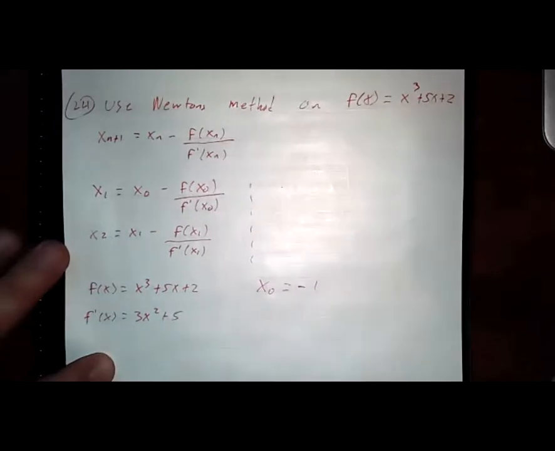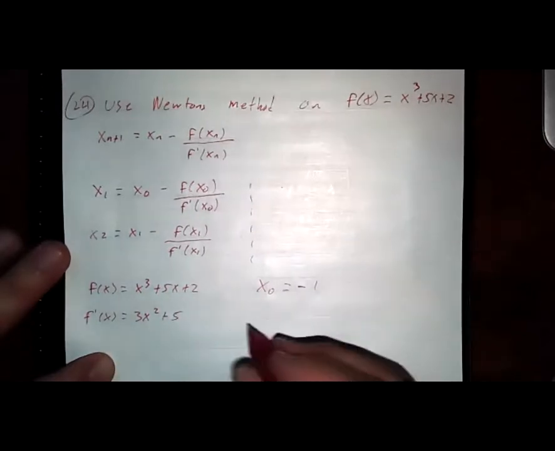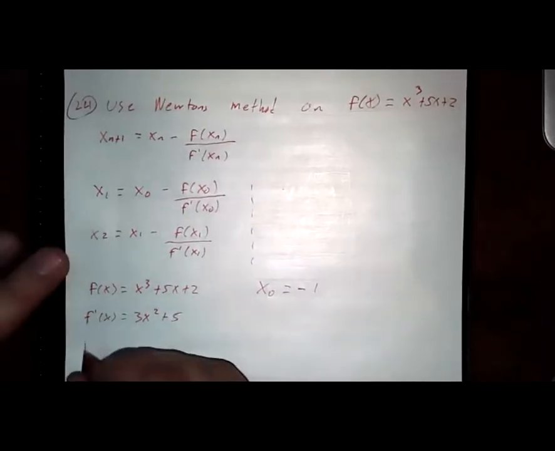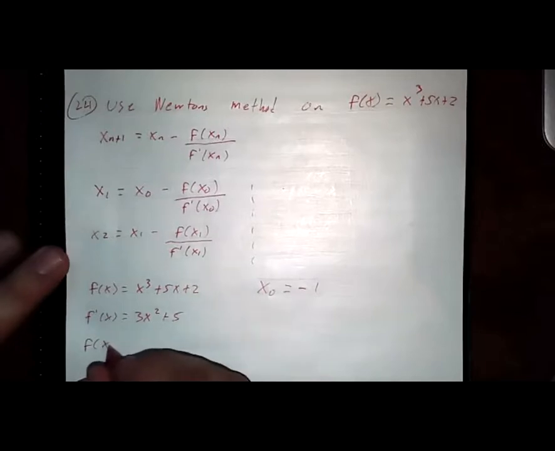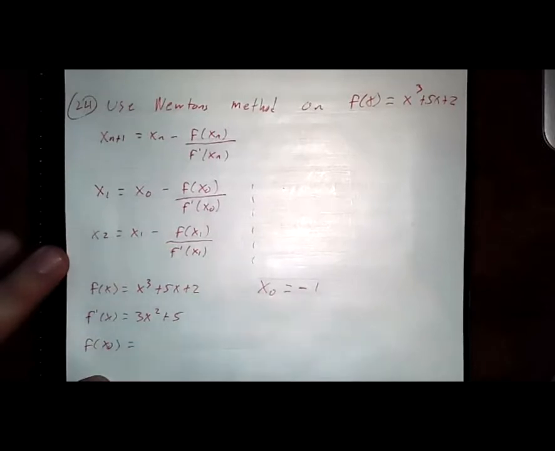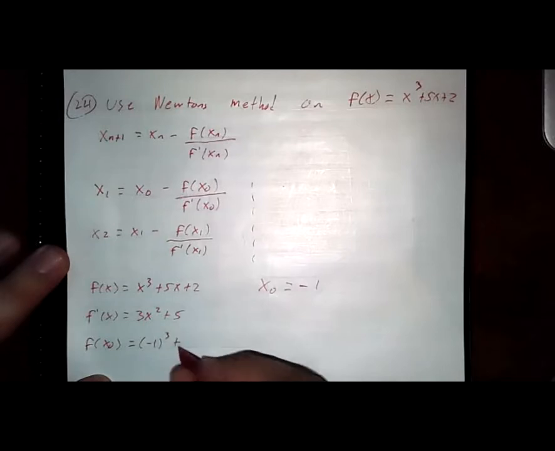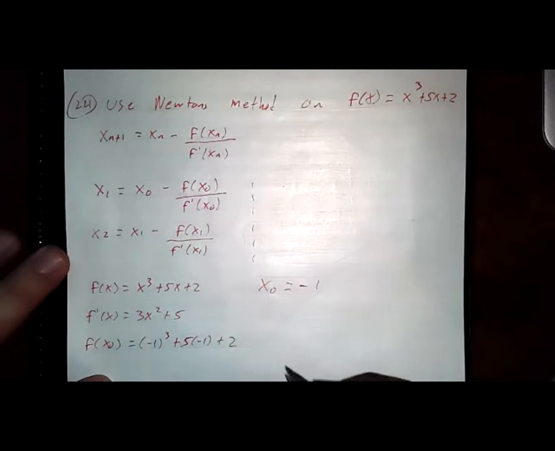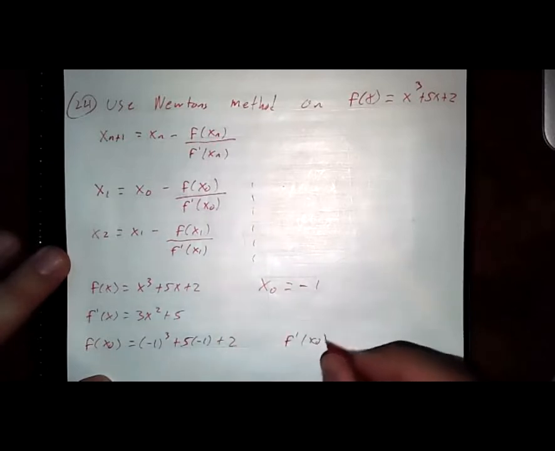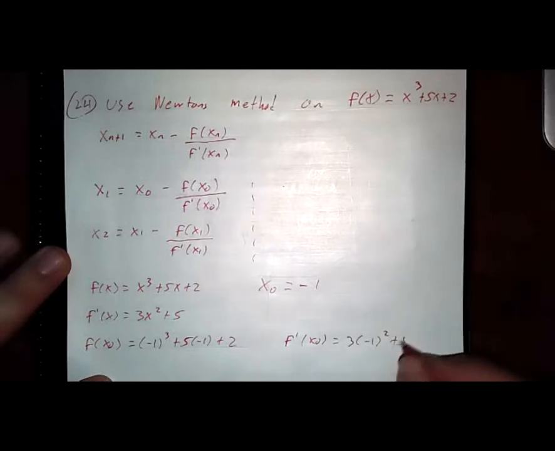Which will be this. Then I need the function at x0, which would be -1 cubed plus 5 times -1 plus 2. And I need the derivative at x0, which would be 3 times -1 squared plus 5.